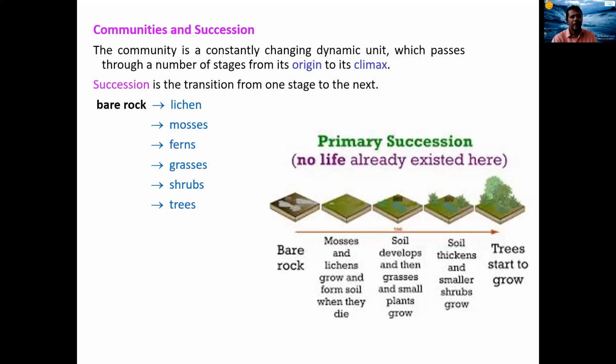Now you can link with the other lessons that you learned. If there is no dispersal, even if you have succession, there is no material for the succession. So Hawaii Island would not have a community if there were no dispersal, right?